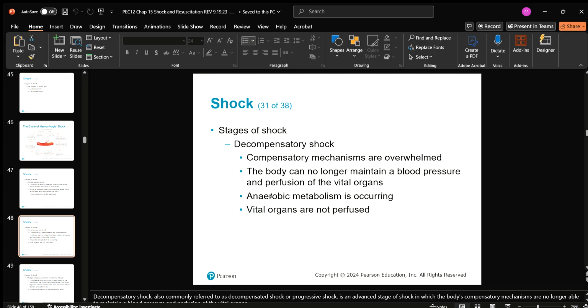What's anaerobic mean? Ana, without. Without oxygen. What is a byproduct of this? Lactic acid. A byproduct of anaerobic metabolism is lactic acid.